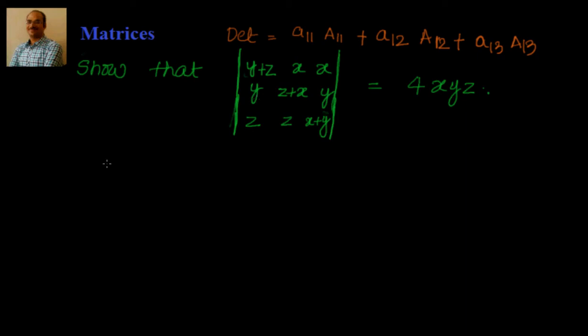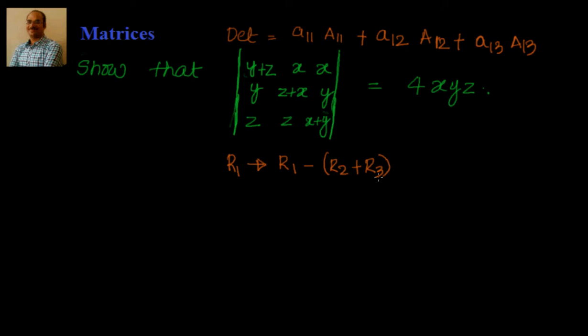So let's apply those transformations. If I look at my first column, I see I have y plus z and I have y and z. If I add these two elements, it's equivalent to y plus z. So my first transformation will be R1 equal to R1 minus of R2 plus R3.